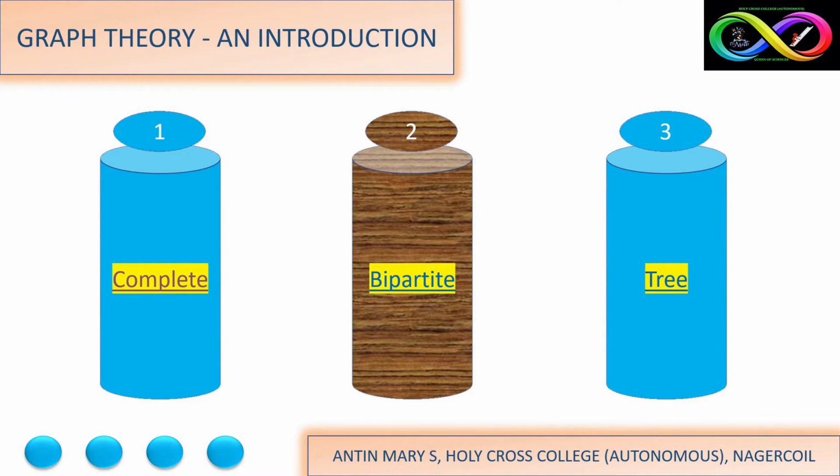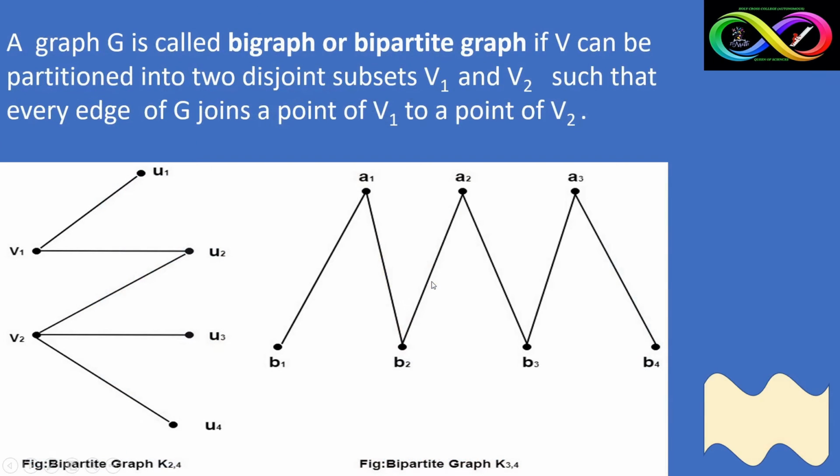So what is a bipartite graph? Bi means two. A graph G is called a bigraph or bipartite graph if the vertex set can be partitioned into two disjoint subsets V1 and V2 such that every edge of G joins a point of V1 to a point of V2. Let's look into the second example, A1, A2, A3.